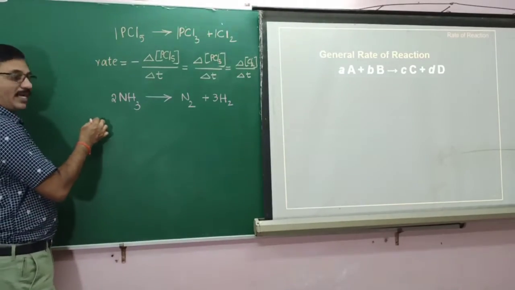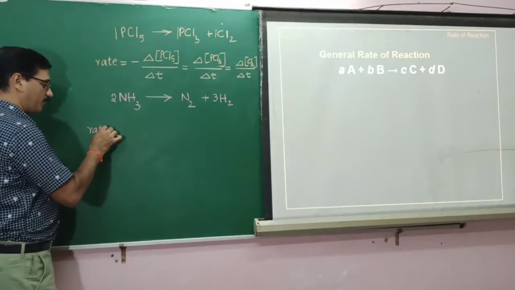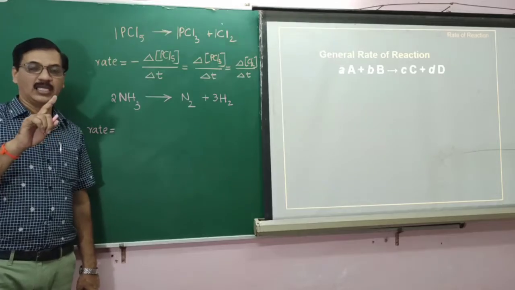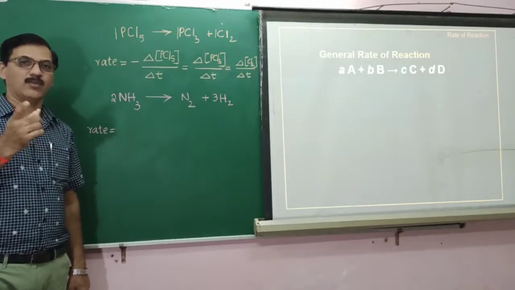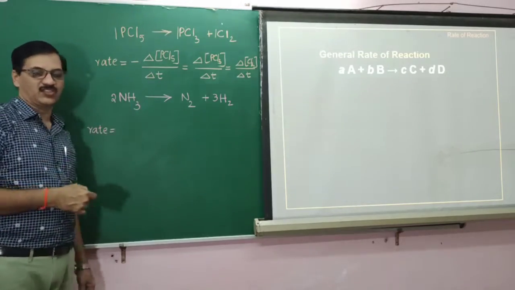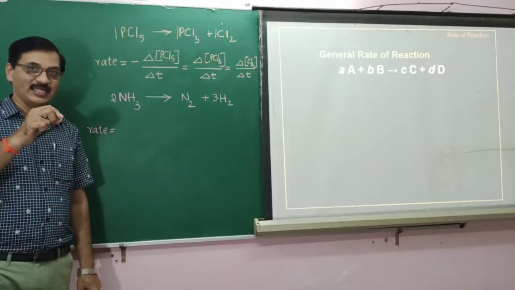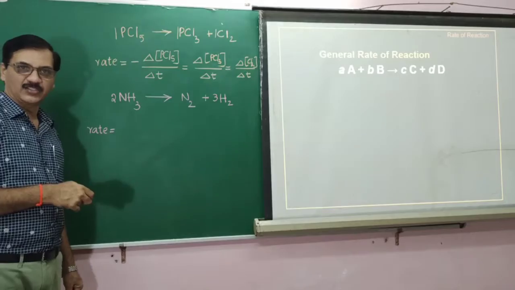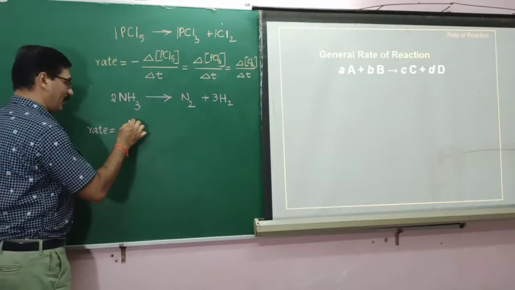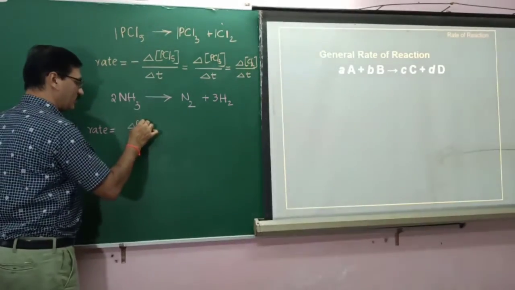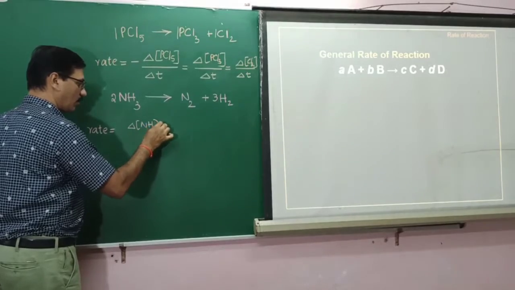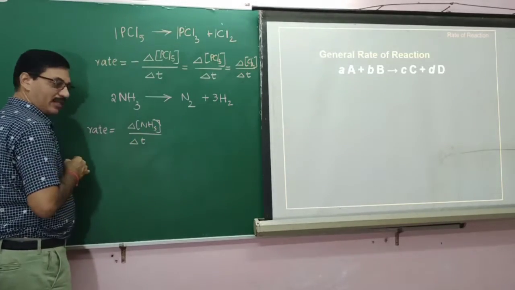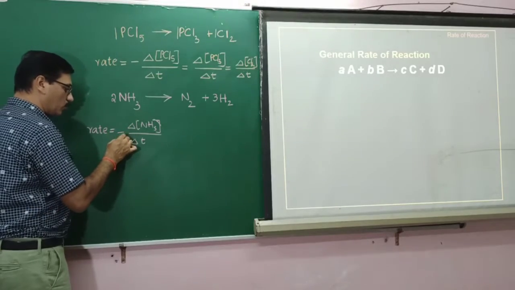Now in order to give the rate expression, rate is for disappearance of 1 mole of NH3. So it is the speed for 1 mole of NH3. If you take it in this way, then delta NH3 by delta T, this value is to be divided by 2.